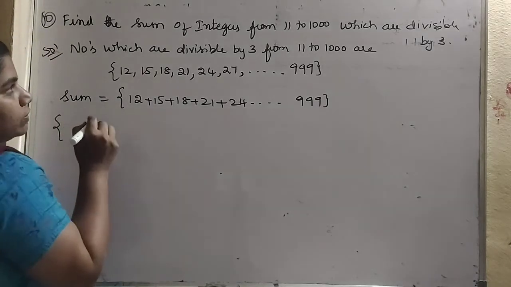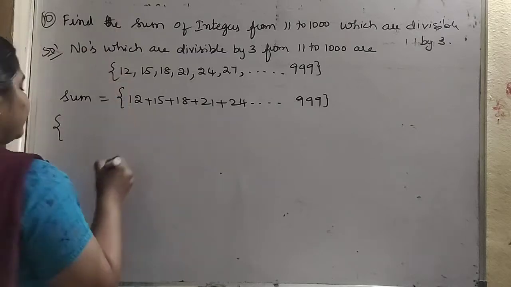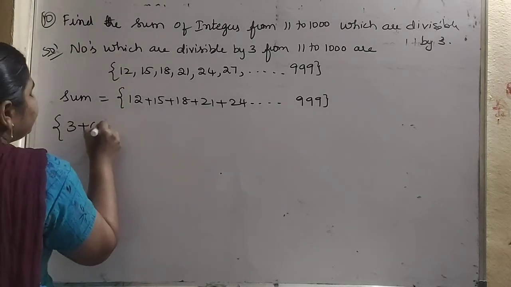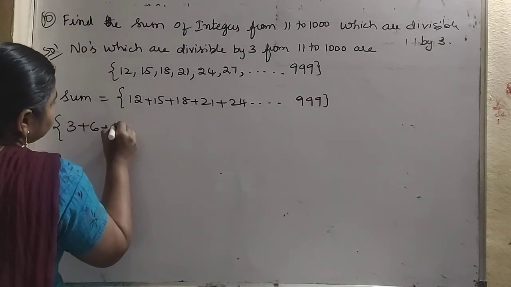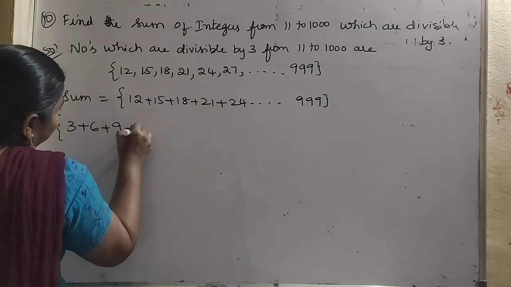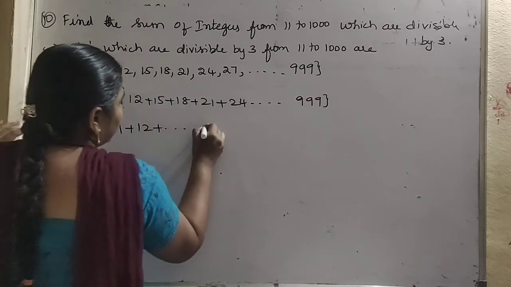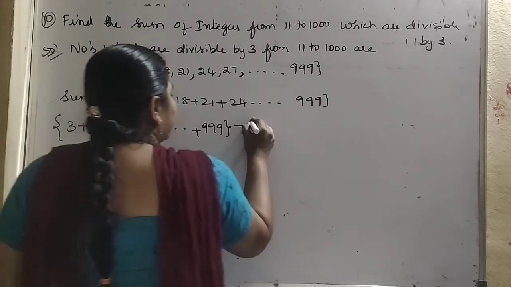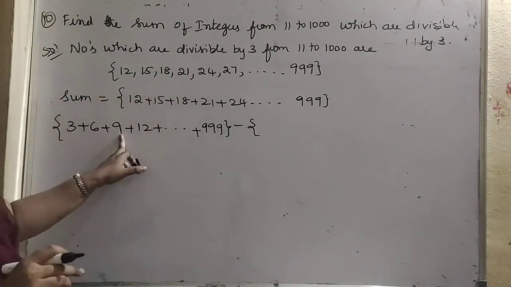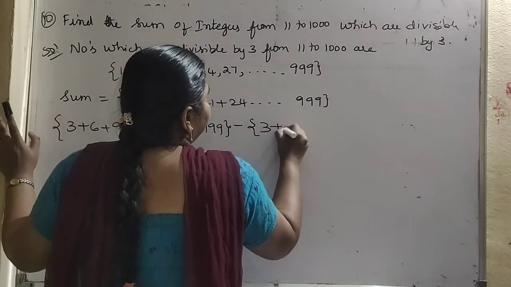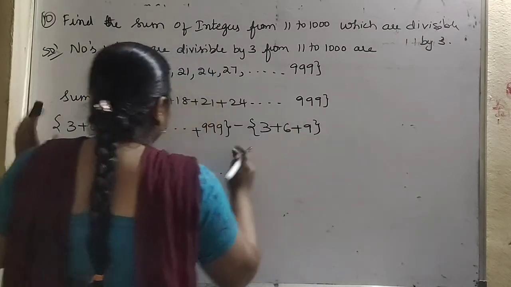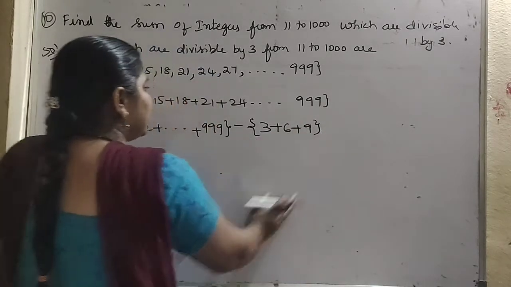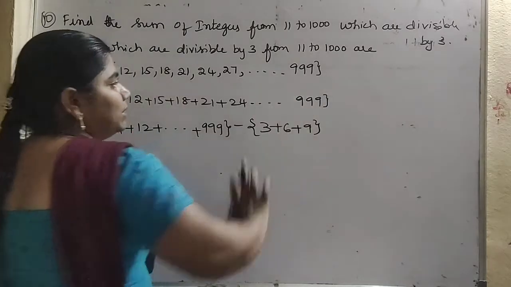The numbers divisible by 3 from 1 to 1000 are 3 plus 6 plus 9 plus 12 plus and so on up to 999. From this whole set I am subtracting 3 plus 6 plus 9. If you subtract these numbers, again the result will be this set only.